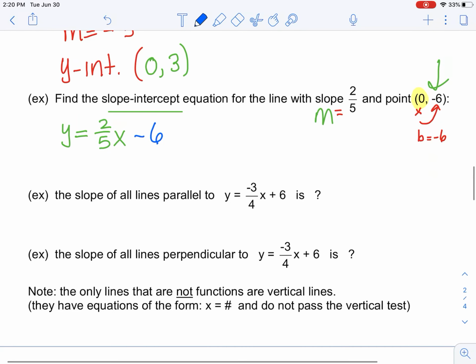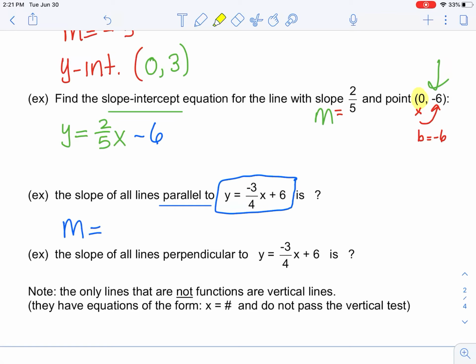Now we're talking about parallel and perpendicular lines. So the slope of all lines parallel to any equation, they're going to have the same slope. So in this example, the slope of all lines parallel to this equation is going to be a slope that is the same identified here. So if lines are parallel, it's because they have the same slope.